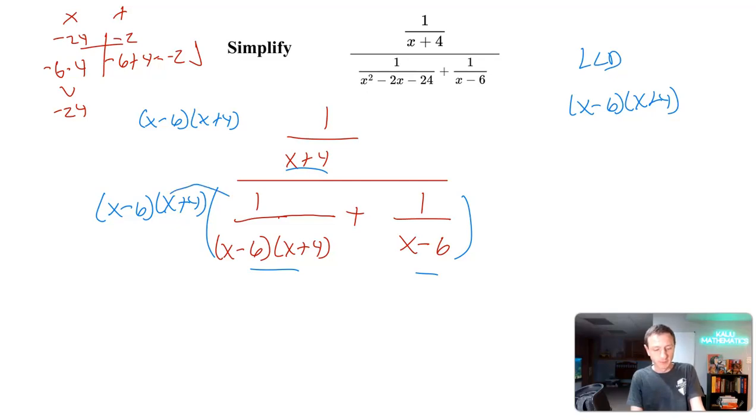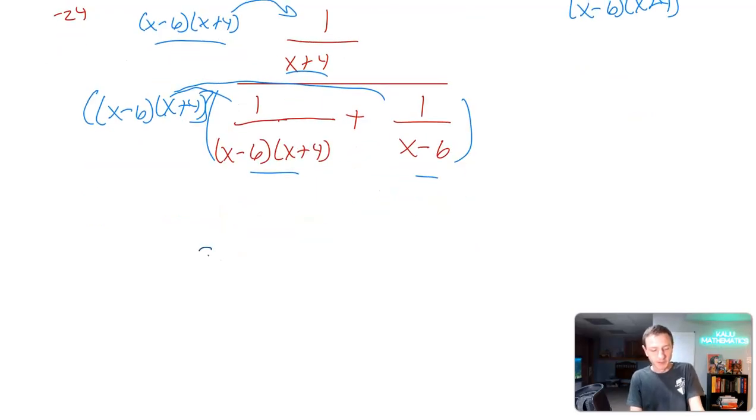On the bottom, I'm distributing this whole binomial times the binomial to here, and distributing it to here. And then on top, I'm multiplying this times just that. So nothing too complicated happens on top. On top, I'll end up with just x minus 6, because the x plus 4s will cancel out, leaving me with x minus 6 times 1, which is x minus 6.